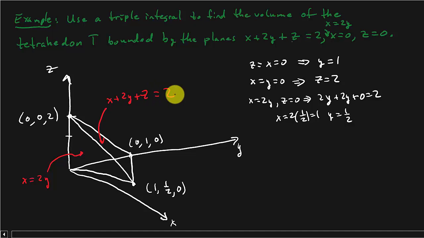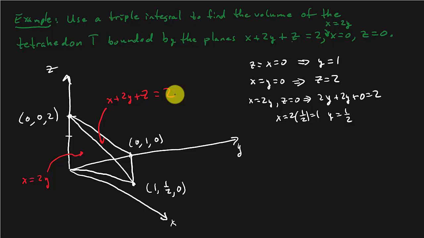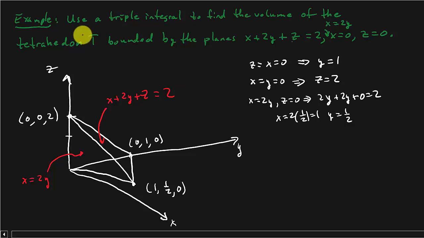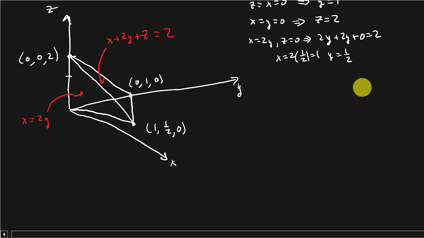So we need to set this thing up. Notice what the problem tells us: use a triple integral to find the volume of the tetrahedron. Now, if you remember earlier when it asked us to find the area, we were doing double integrals, integrating with respect to x and y. It was the double integral of 1 dx dy, or 1 times dA.